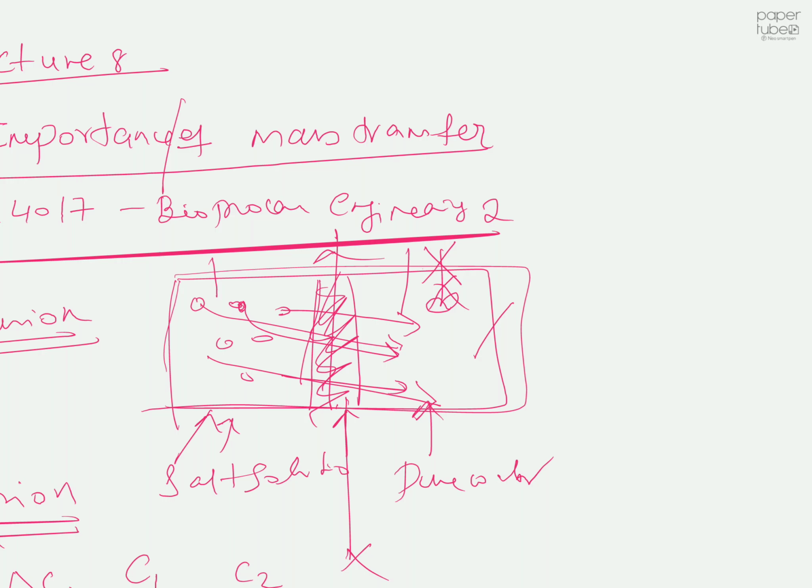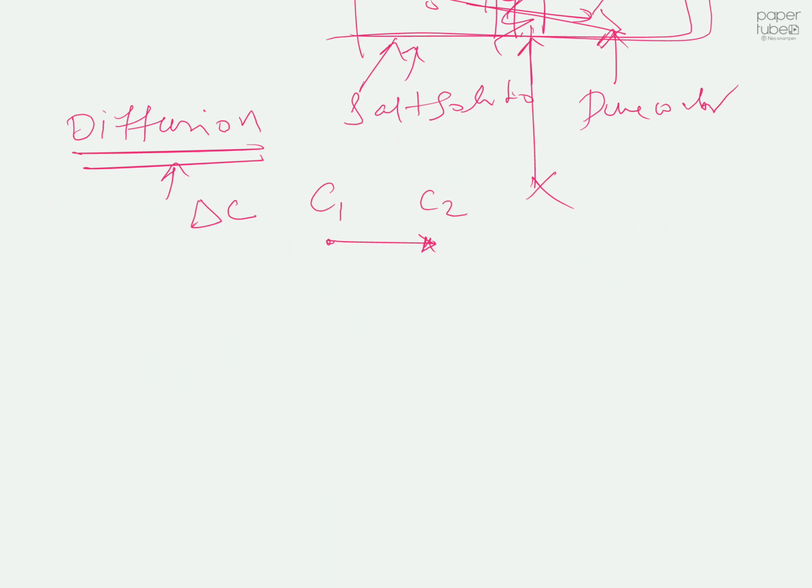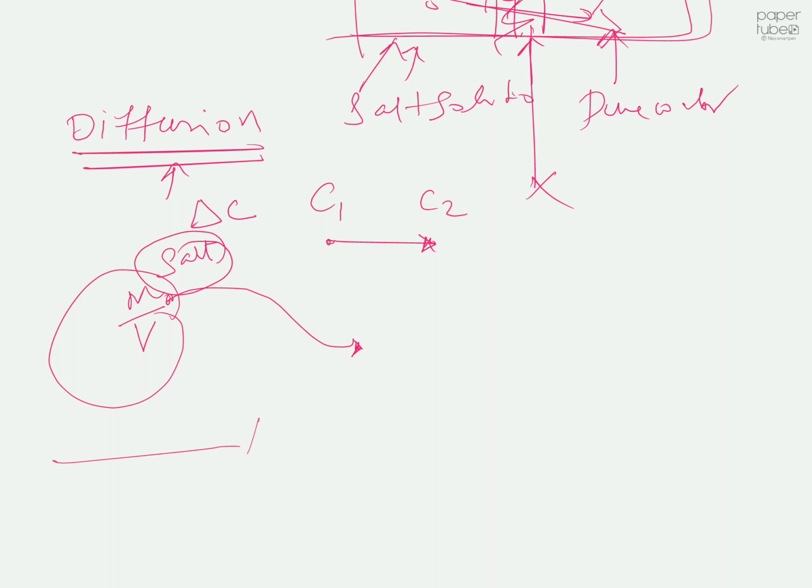Diffusion is a process where some mass moves from a high concentration zone to a low concentration zone, and concentration is nothing but mass per unit volume. In this case, it's some salt dissolved in the solution. This is the principle of diffusion.